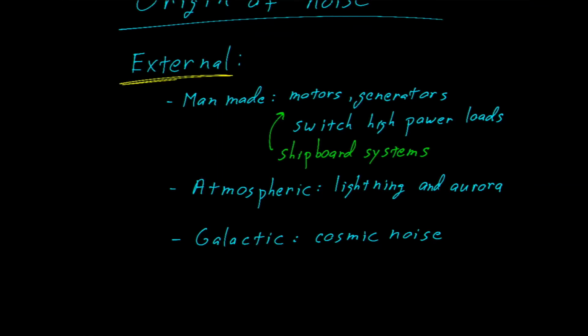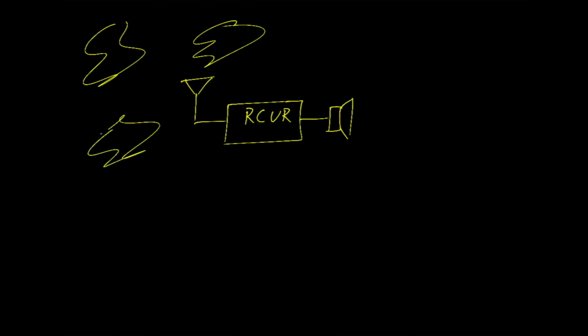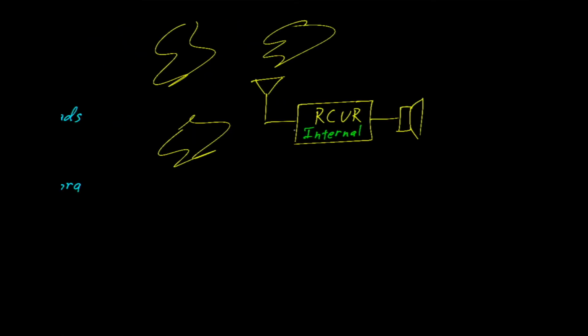By the way, when we're talking about external, we mean things out here that are external to the receiver, not to be confused with internal noise. We could say that external noises are things that live in or affect the channel, whereas the internal noise sources are things that are inside the receiver, such as resistors and semiconductors.